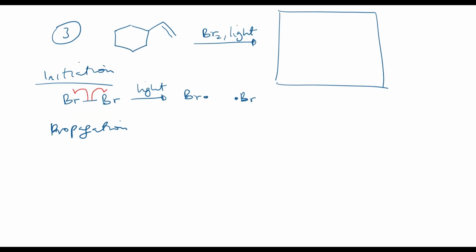In the propagation step, the radical will abstract a proton from the substrate and convert that substrate into a radical. The way this happens is that the bond between carbon and hydrogen will break. One electron will go to this carbon, and the other electron will be used by the proton to form a bond with the bromine radical.